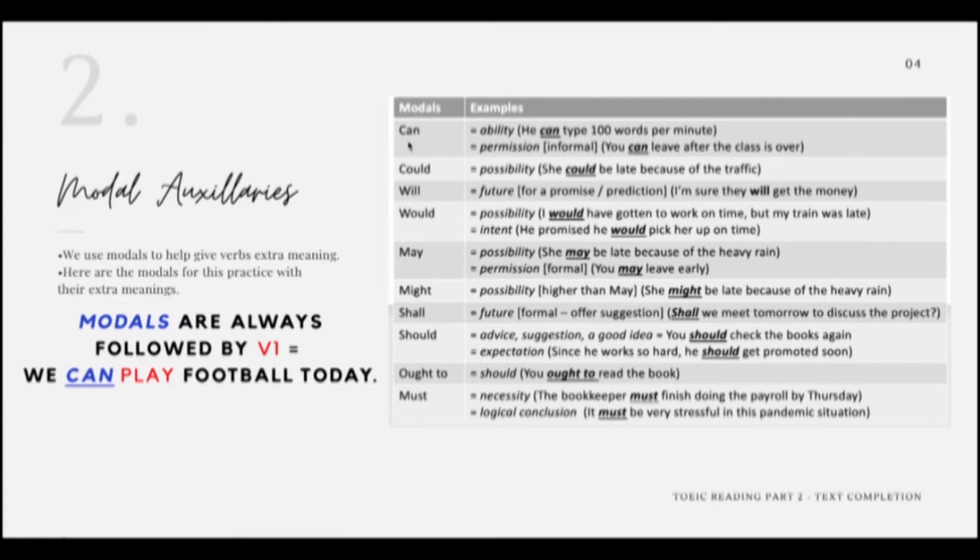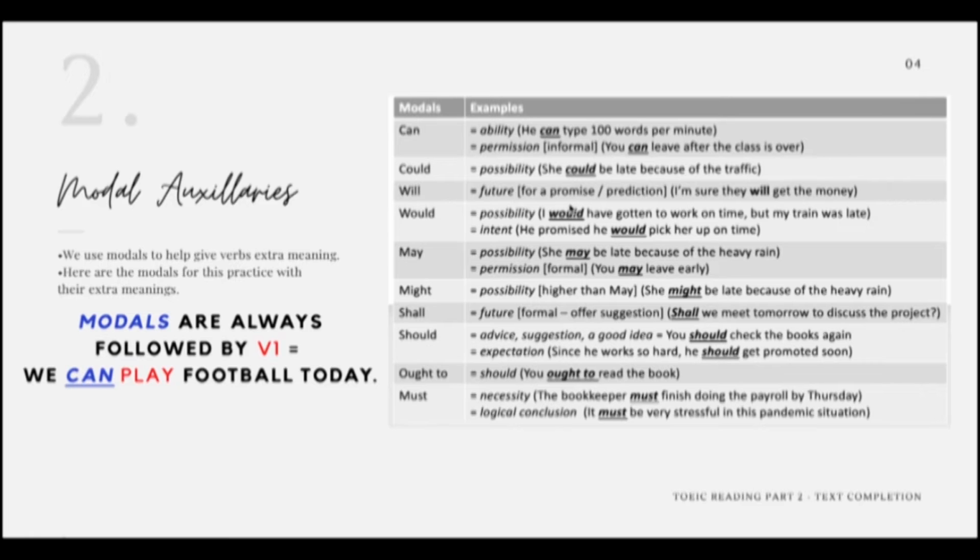For the modal can, it shows ability or permission. For instance, he can type 100 words per minute, or even permission, you can leave the class after it's over. And then could, this is similar to would and may. It shows possibility: she could be late because of the traffic. And then will, this is for the future.